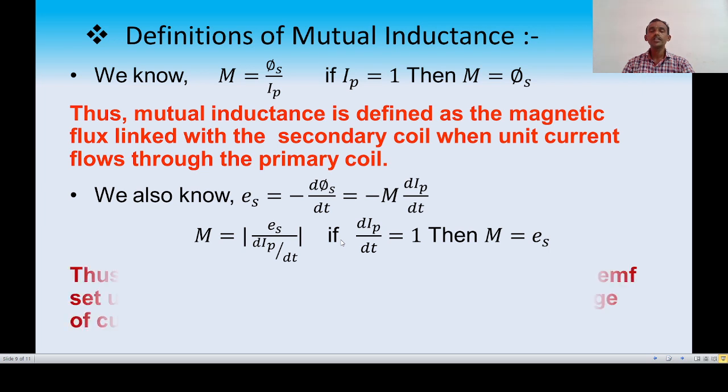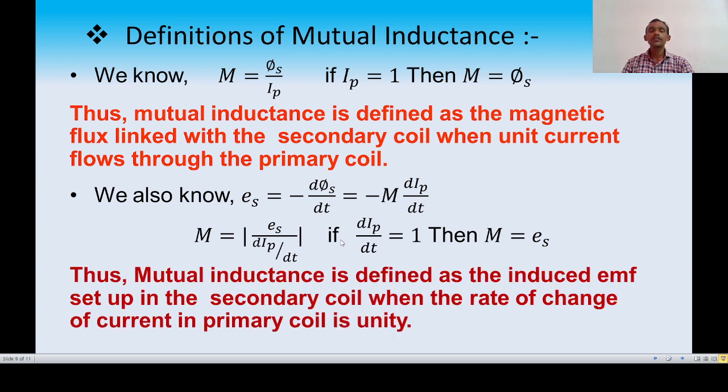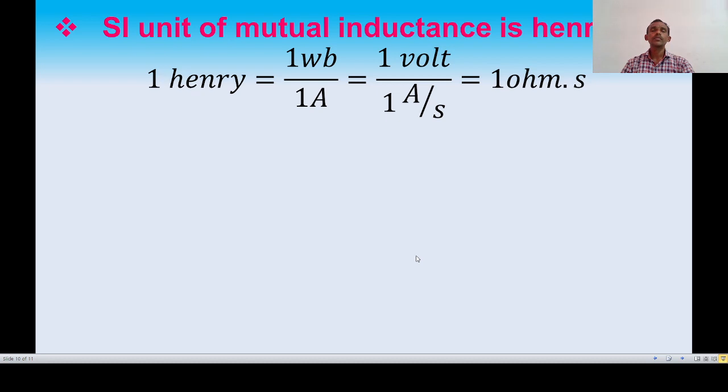From this we can define mutual inductance as the induced EMF set up in the secondary coil when the rate of change of current in the primary coil is unity. These are the two definitions of mutual inductance based on the formulas. Now we have to measure this mutual inductance in Henry.